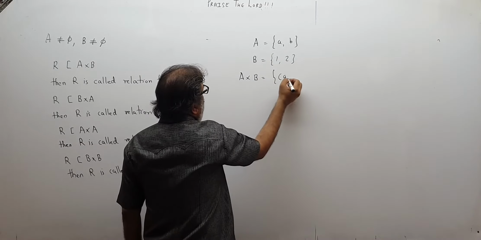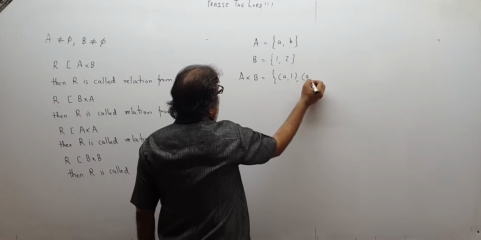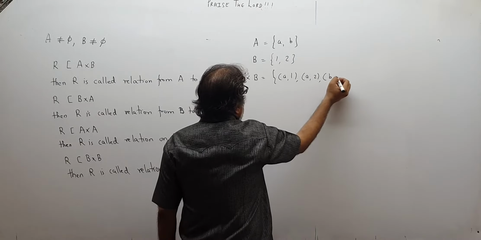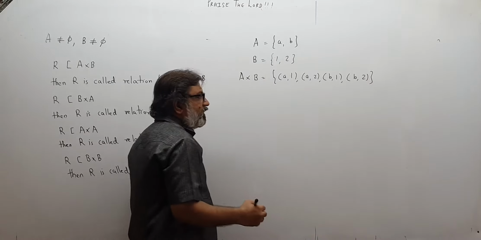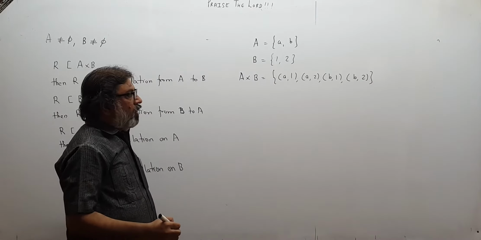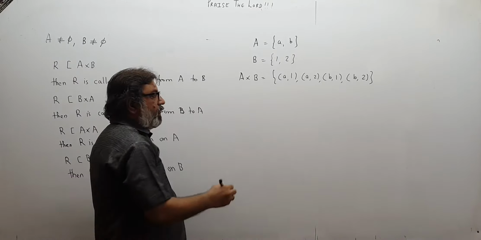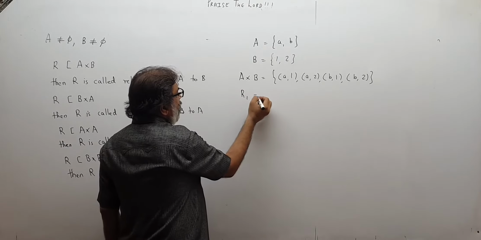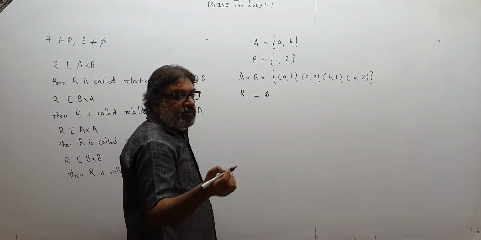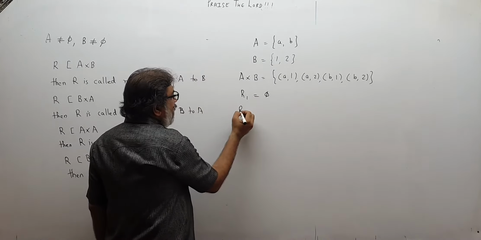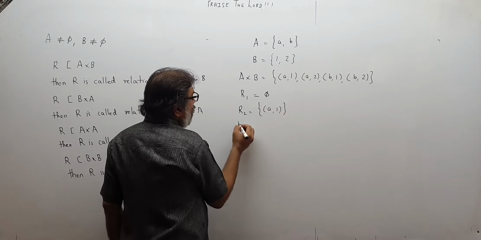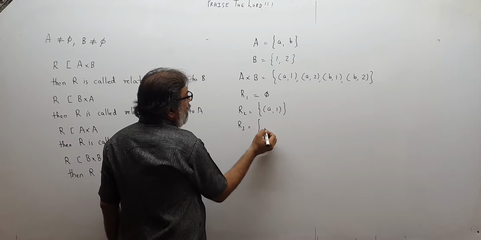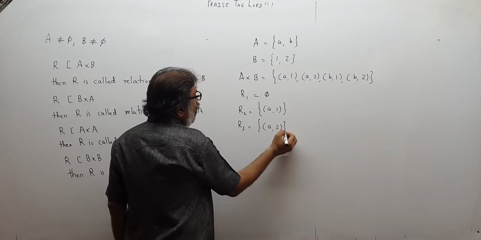A cross B will be a1, a2, b1 and b2. That is A cross B. How many subsets does A cross B have? So R1 is the null set. Null set is a subset of every set. Second relation can be this set. Third relation can be a2.